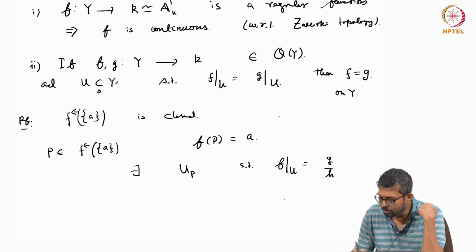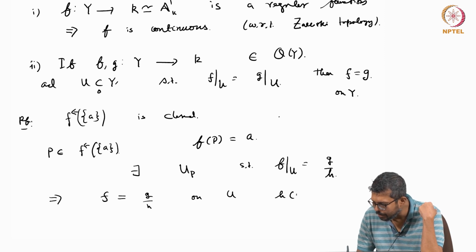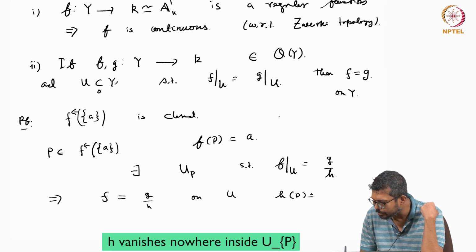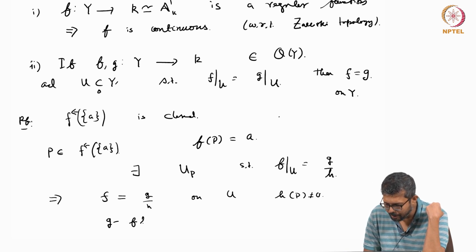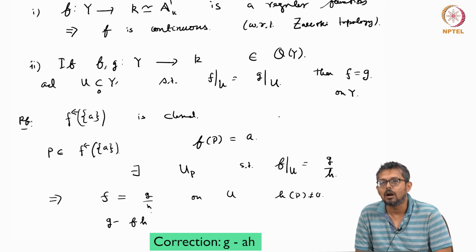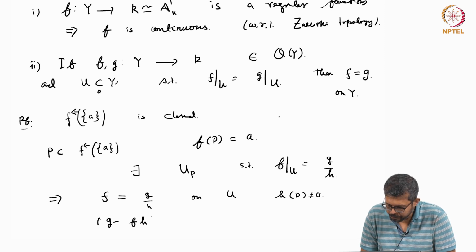So that means f equals g by h on U, and h of P is not 0, because h is regular. Then you consider g minus f h.